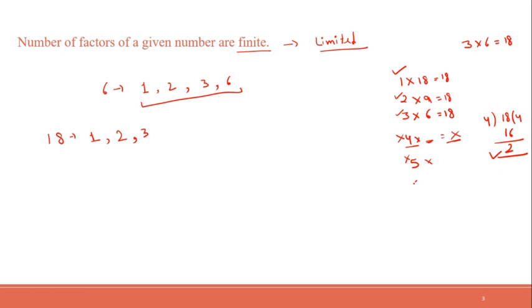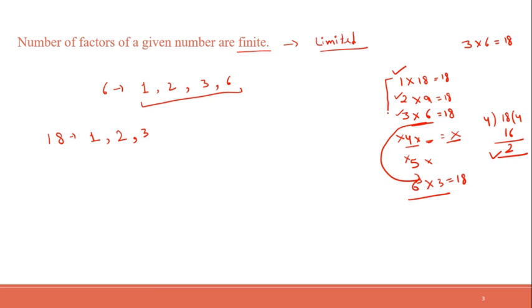Okay, then come to 6. 6 into 3 is 18. Now notice this thing. Here I have 6 into 3, and here I have 3 into 6. That means now I reach the same factors again.